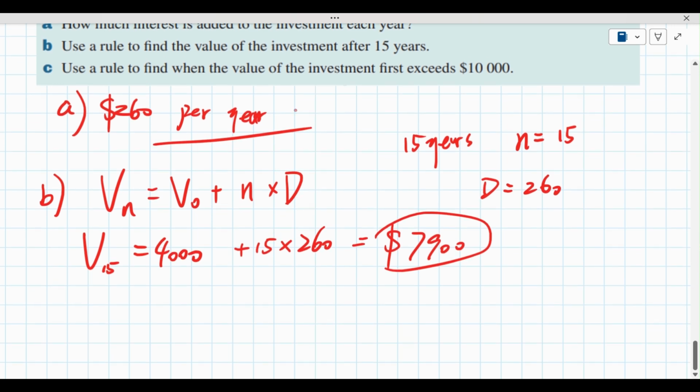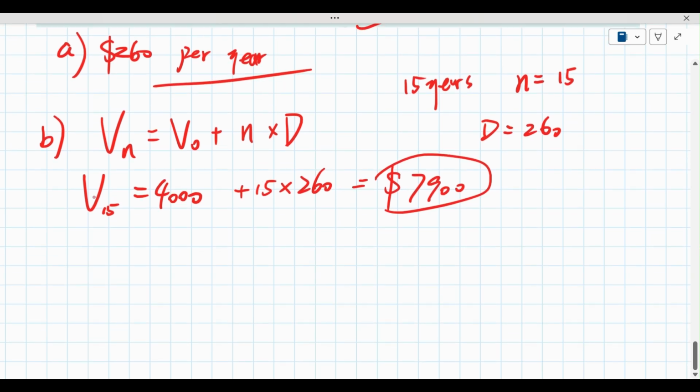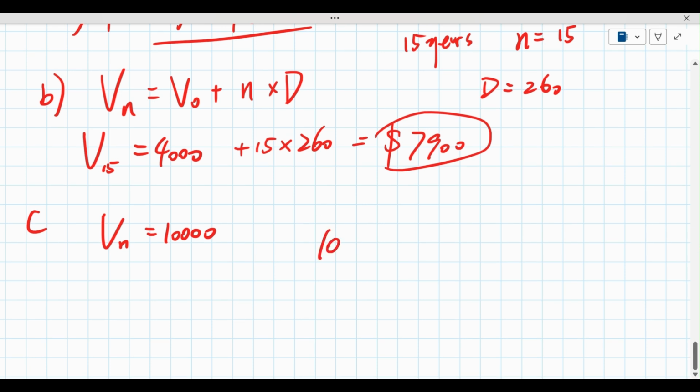Then they want to know when the investment will hit 10K. We know V(n) equals 10,000, but we don't know how many years. So 10,000 equals 4,000 plus n times 260.